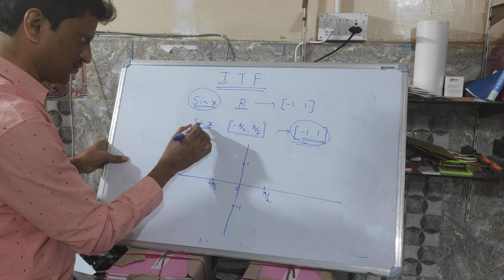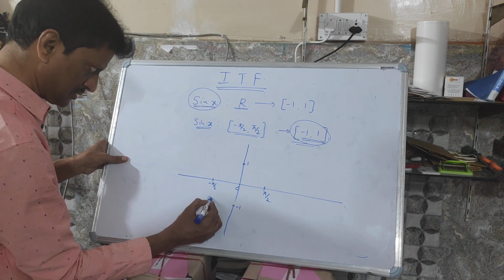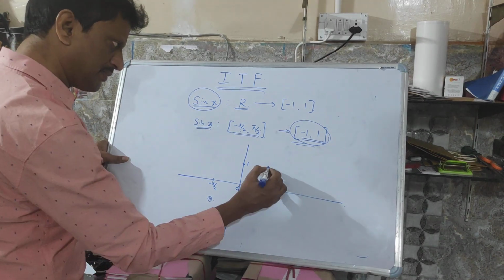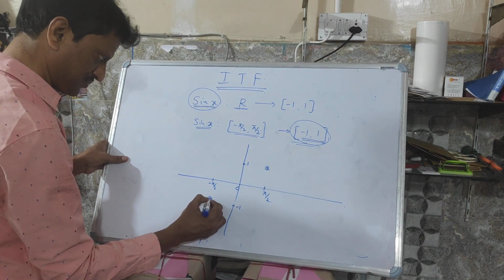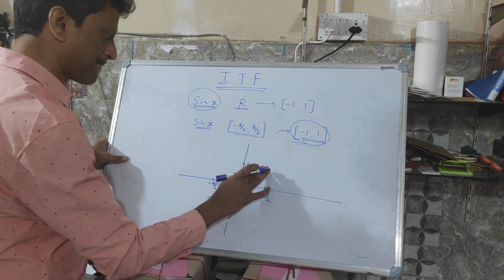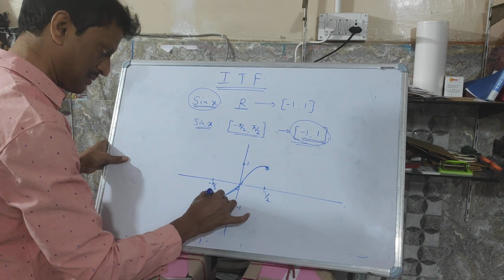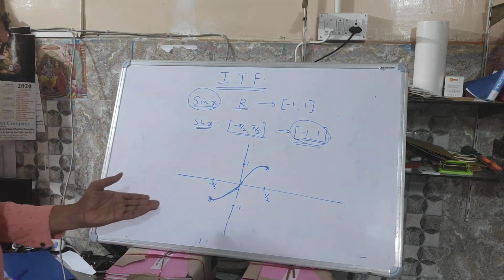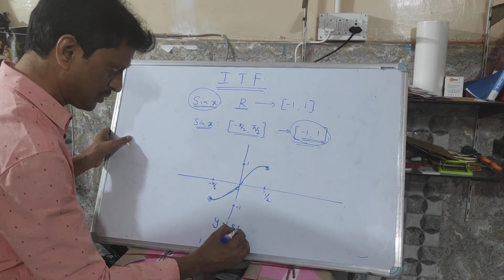For sin x I am plotting: at -pi by 2, -1; at 0, 0; at pi by 2, 1. So you know this graph is increasing. This is the graph of sin x in its restricted domain.